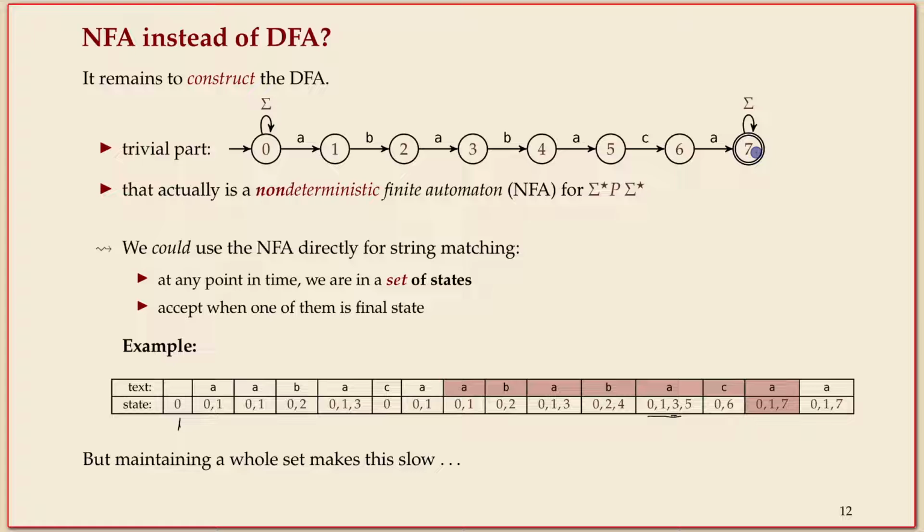And so we can say, yep, found a pattern. And I don't even have to trace back which of these complicated histories that I'm all lumping together now led me to this point. It's enough to know that if I reach this final state, there was one. And I know at which position the match ended, so I can subtract the length of P to get the starting position. All right?